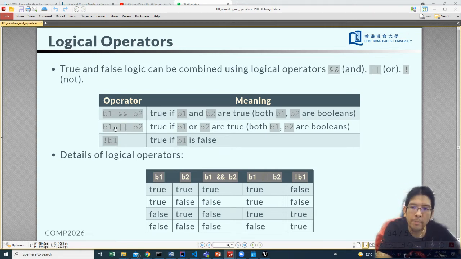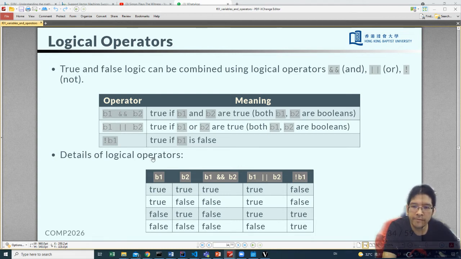If either B1 or B2 is true, or both of them are true, then the value here is true. The last one is the not operator. Exclamation mark means not. Not B1 means if B1 is true, that will give you false. If B1 is false, that will give you true.